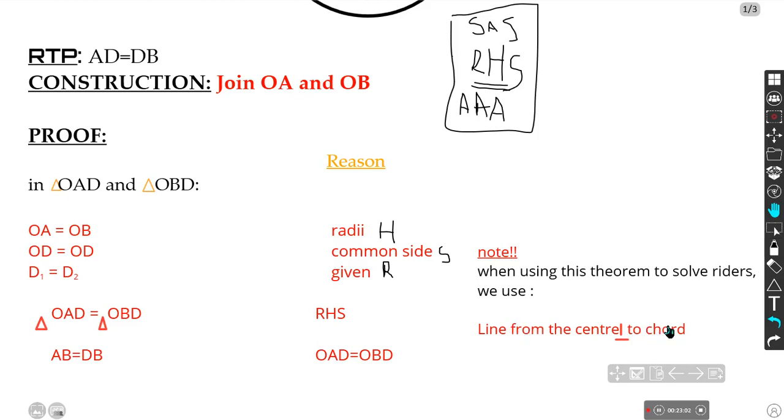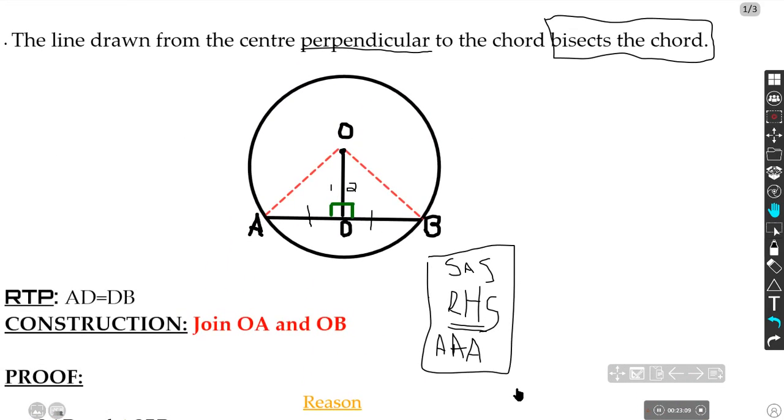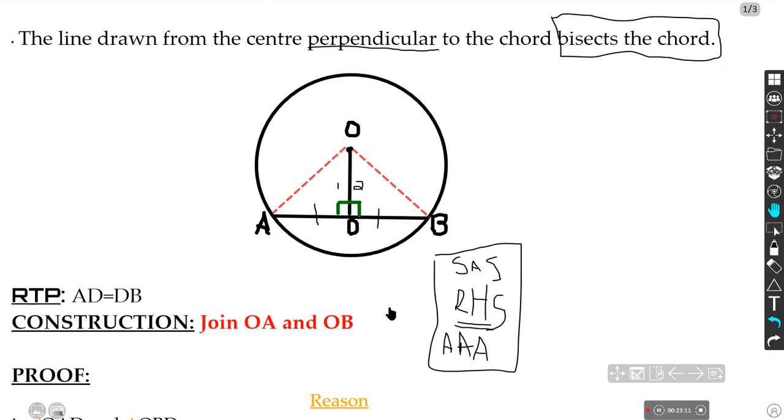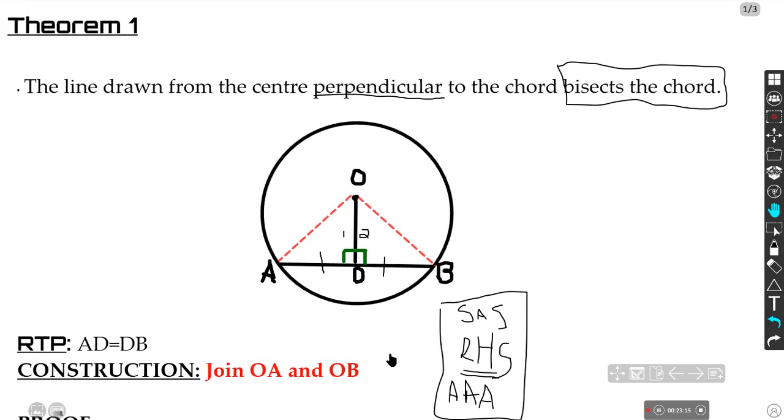I really hope you guys understood everything. But before we end the video, let us remind ourselves, what does Theorem 1 state? Theorem 1 states that the line drawn from the center perpendicular to the chord bisects the chord.